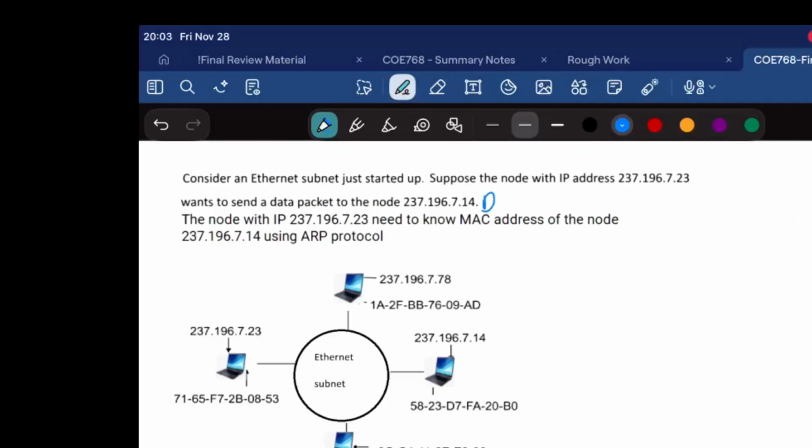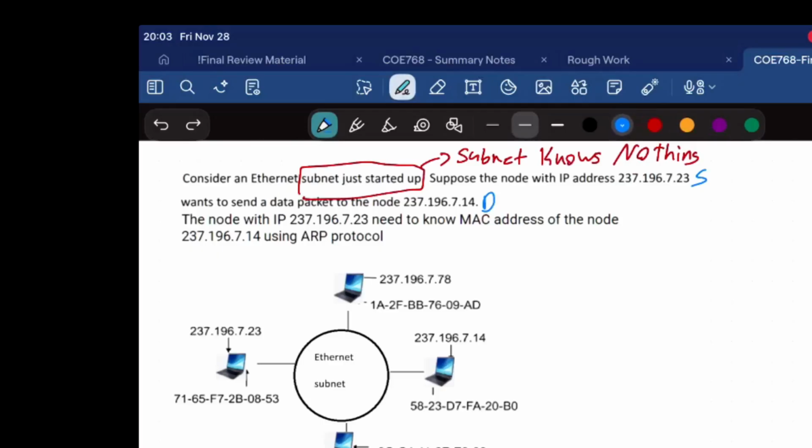So destination, source, and another key piece of information in this first sentence is that the subnet just started up, which means the tables and everything, the subnet knows nothing. So it knows nothing about who is where or what is happening. It just started and it needs to send this packet from source to destination.